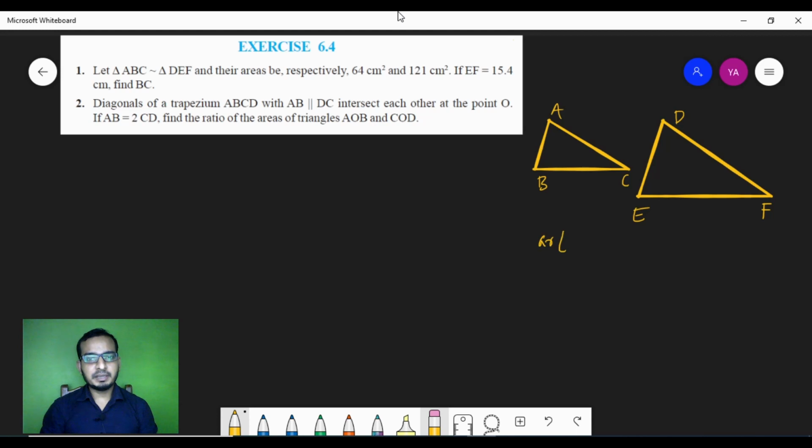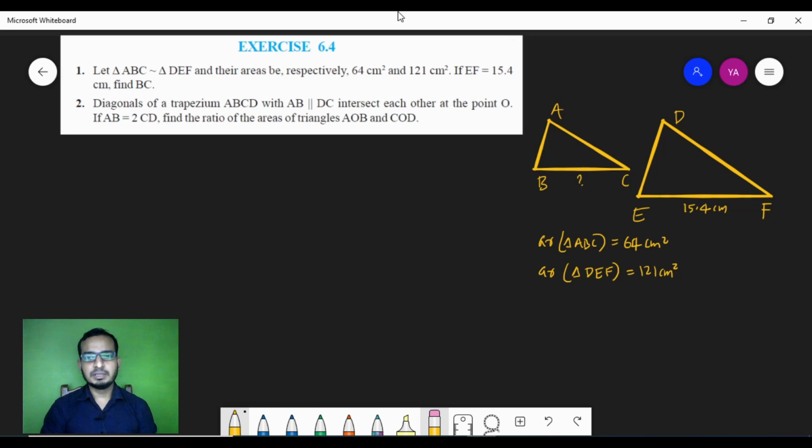Given that area of triangle ABC is equal to 64 cm square and area of triangle DEF is equal to 121 cm square. Also, given that EF is equal to 15.4 cm and we want to find out BC. This is a very simple question. You can expect such questions for 1 mark or 2 marks.